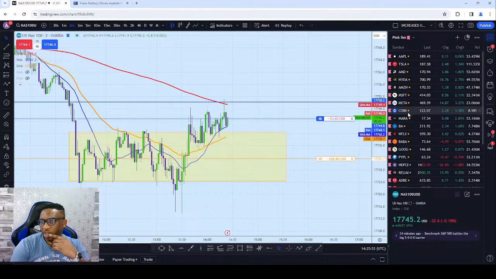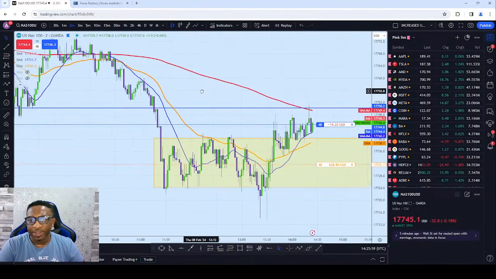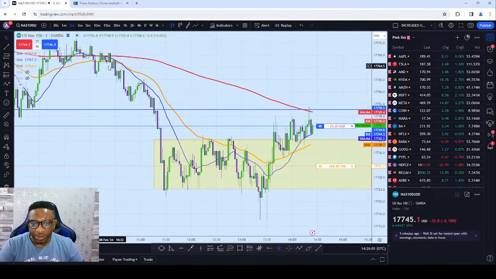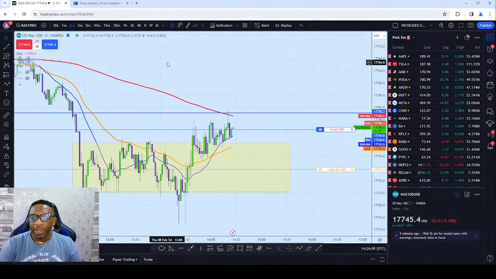Yesterday we had very nice moves. During our live session yesterday, we had a nice move from 12. Today, it looks like the move started earlier than we started. It started around 10, so this level. But as I said, sometimes it's like that.